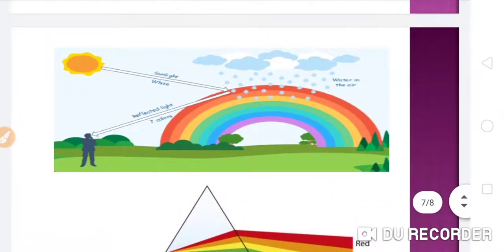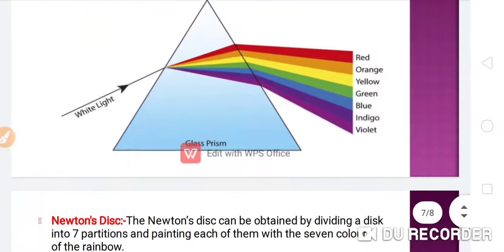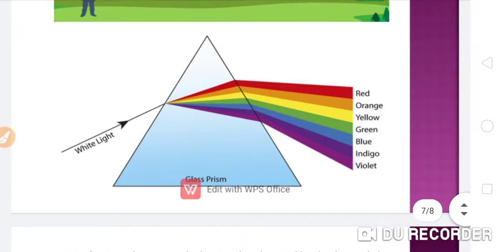Now you can see here is a beautiful rainbow. And this is the prism, and when white light passes from this prism, it will be spread into the 7 different colors, and you can see it in this figure.